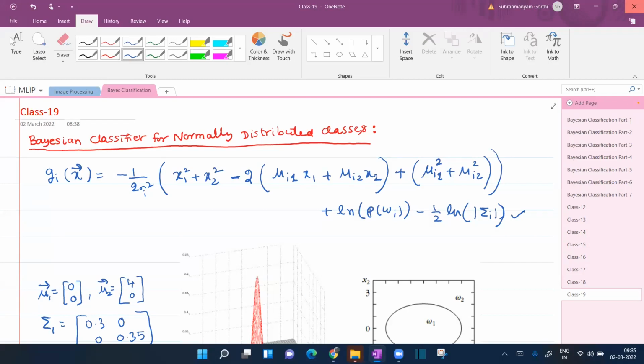Then you get your decision hyperplane when gi of x bar equals gj of x bar. Once you solve that equation, you will get the x bar value. You call it, let's say, x naught bar. That tells you at which point these two classes have a boundary, or plane. It need not be a point, it's a plane. So can you make a guess on what could be the shape of that?